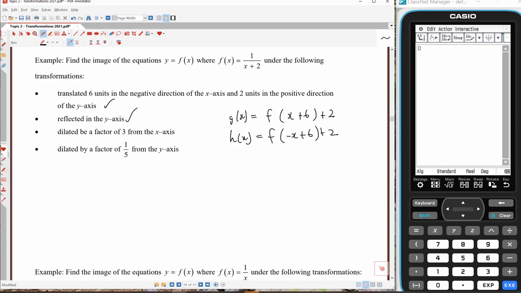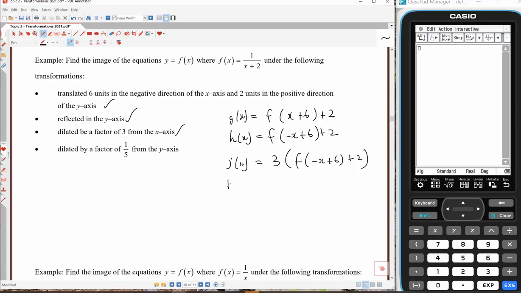Okay, dilated by a factor of 3 from the x-axis. So j of x equals 3 brackets f of negative x plus 6 plus 2, close your brackets. 1/5 from the y-axis means that what we drop in is 5x.